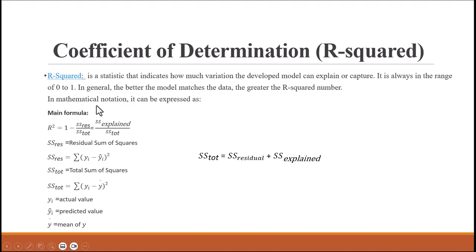If I want to explain the mathematical formula of it, first of all, consider that the sum of squares total is equal to the sum of squares of residuals plus the sum of squares explained.